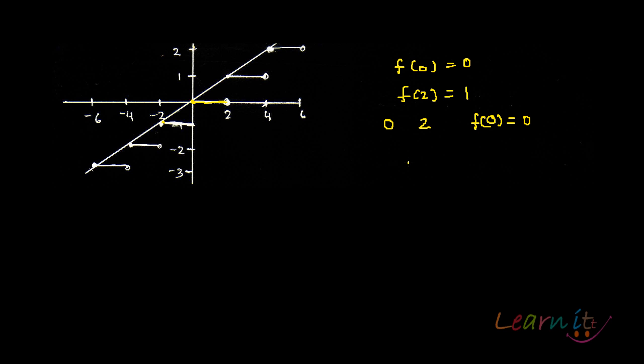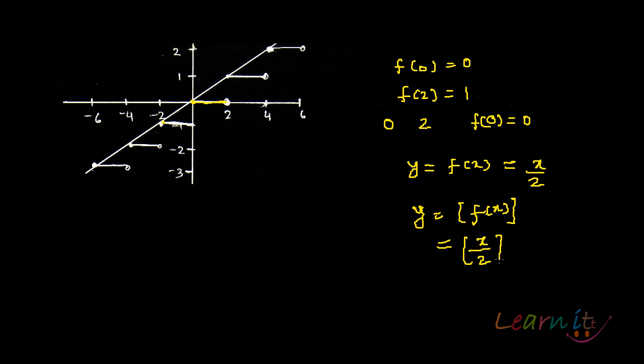Essentially, y equals f of x would be x by 2. Now y equals greatest integer function of f of x is greatest integer function x by 2. Now how is this different from y equals f of greatest integer function x?